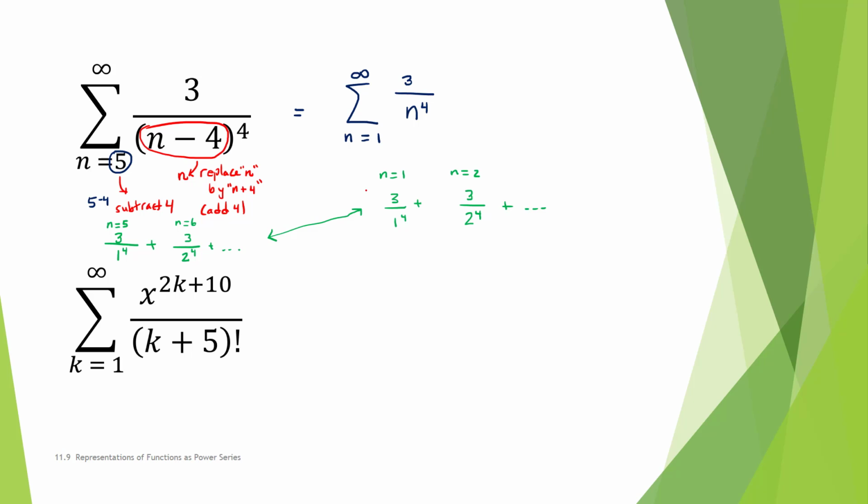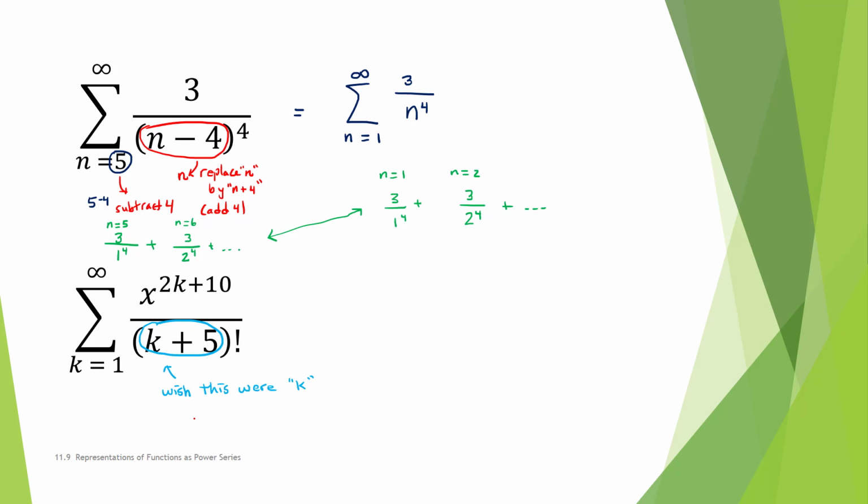Here, something I might want to do is look at this k plus 5. And if I shift that, I can write it just as k instead. So what I'm thinking is that I wish this were just k rather than k plus 5.